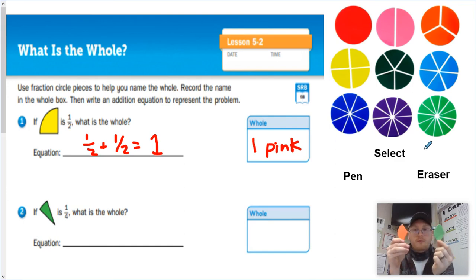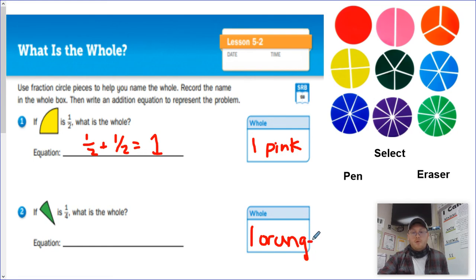So 4 of these equals 1 orange. Okay, what is my equation?